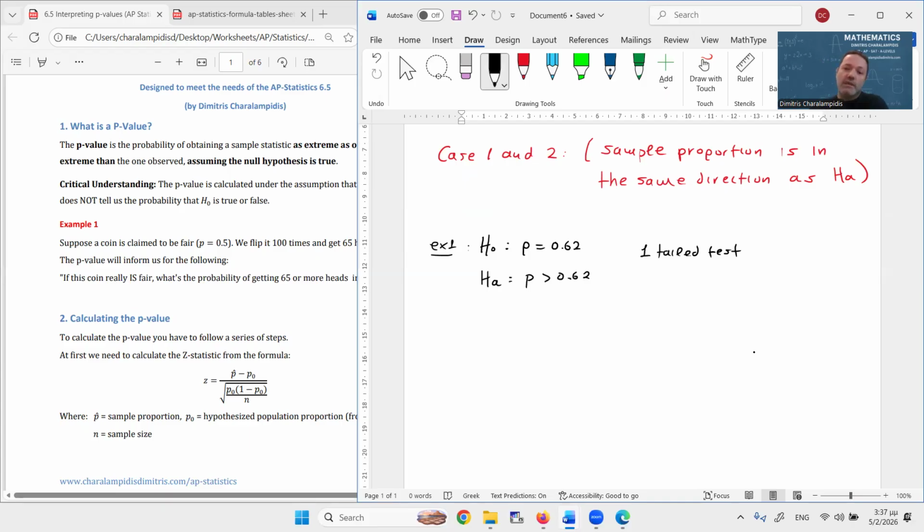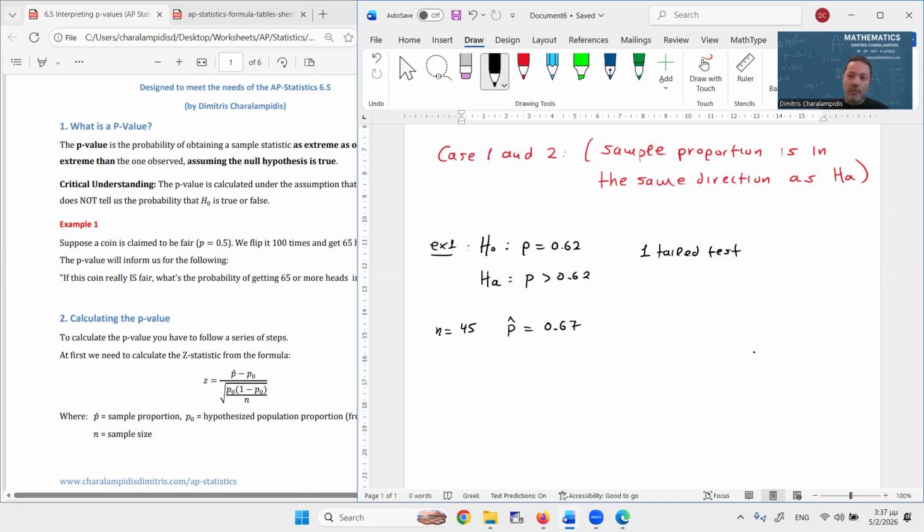We used a sample of 45 persons and we found a sample proportion equal to 0.67. This is what I mean by the same direction.